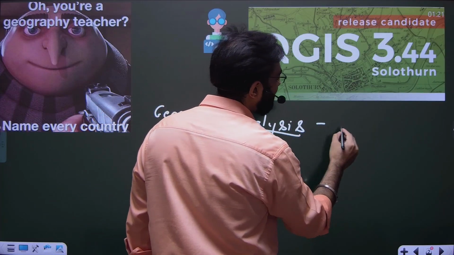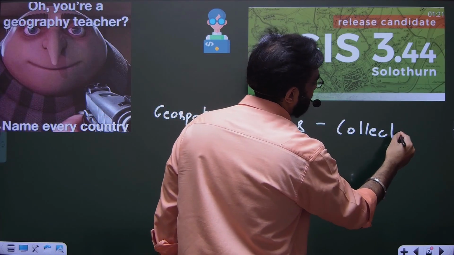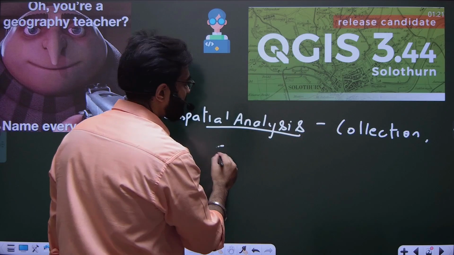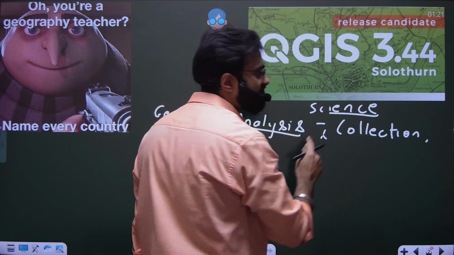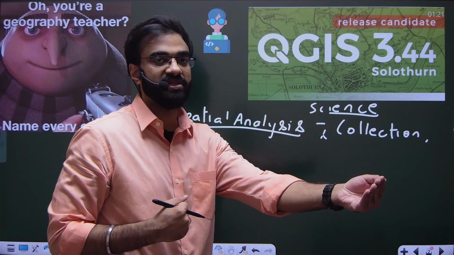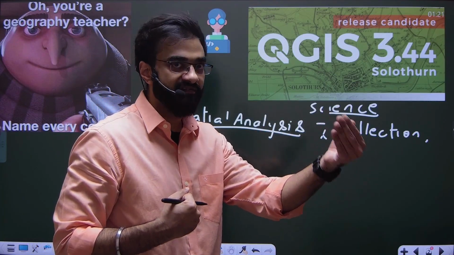it can be defined as the science, like we discussed in remote sensing, the science of collecting data from a distance about the Earth's surface and its features.